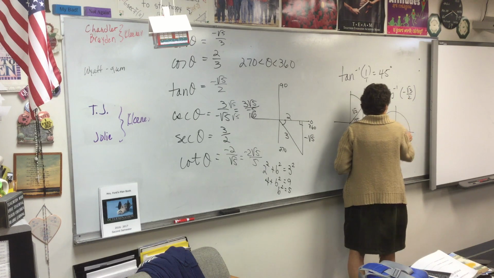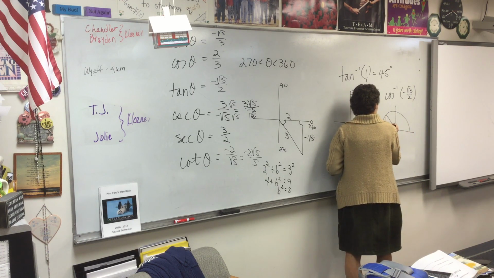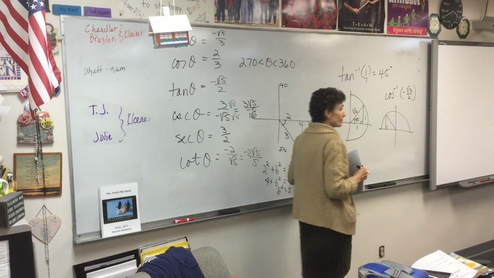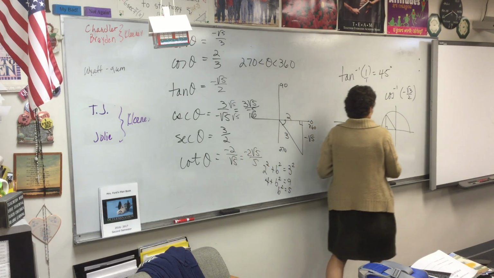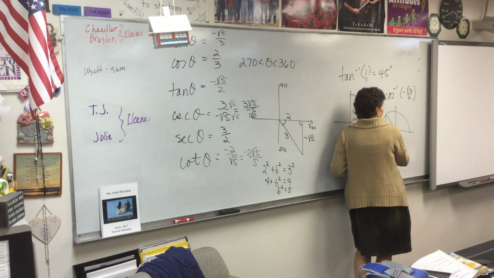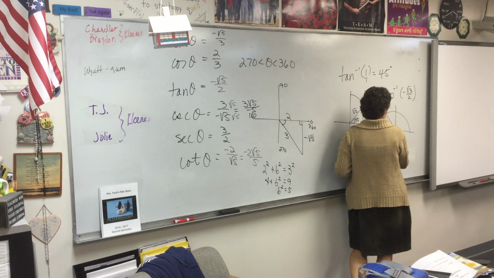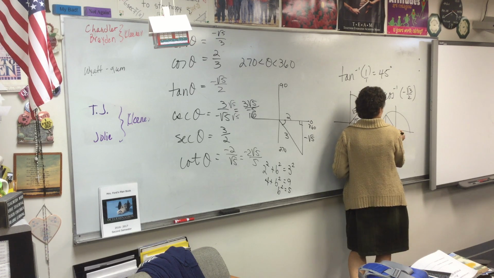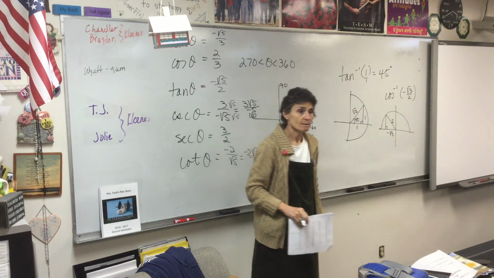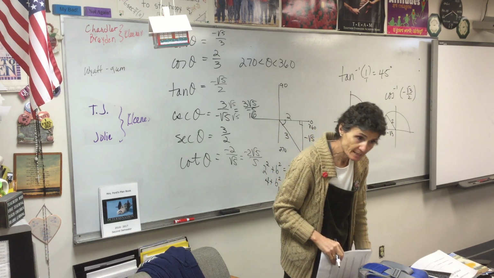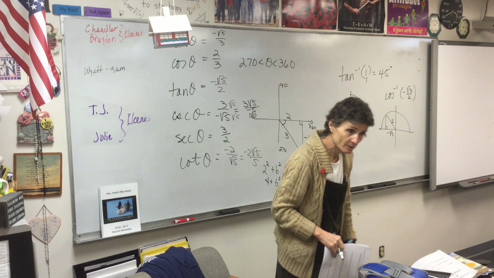You would never draw a negative in quadrant 1, so you must be over here. What would this side be? Right here where my finger is. Negative square root of 3. And we know it's negative square root of 3 because cosine is adjacent over hypotenuse.